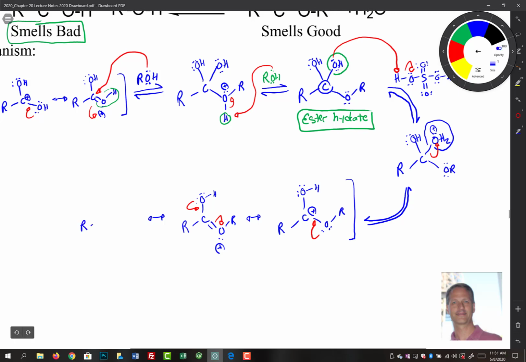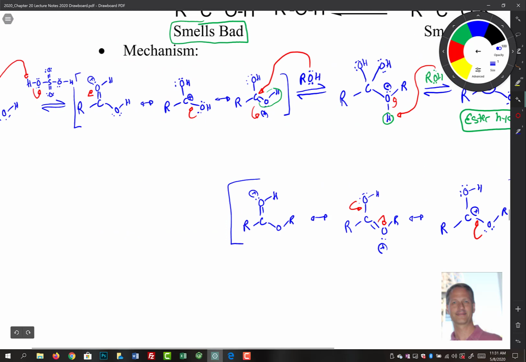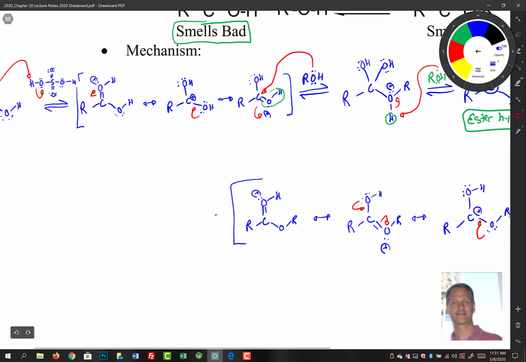That'll give us our R, C, double bond OH. This is the one we want, because that is just one little hop away from the final product. So we're going to go through here, and to do that last deprotonation, let's just use the conjugate base of H2SO4, hydrogen sulfate.